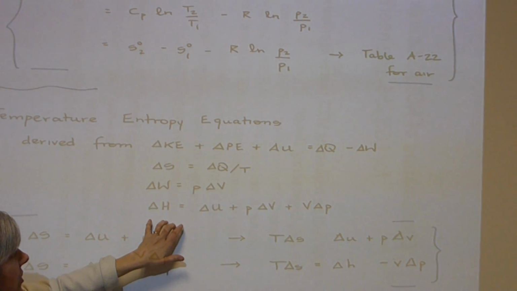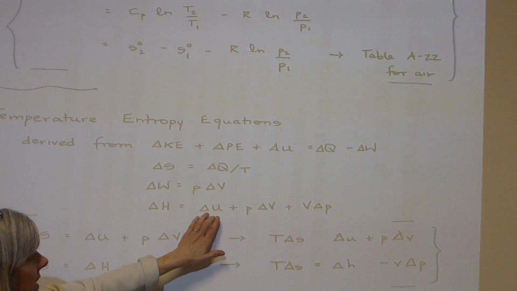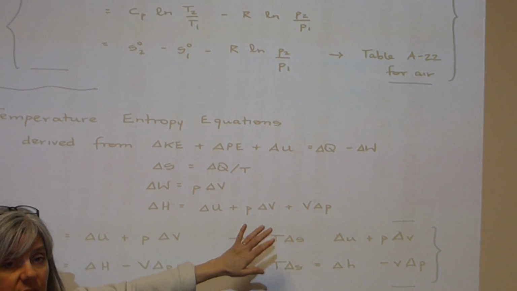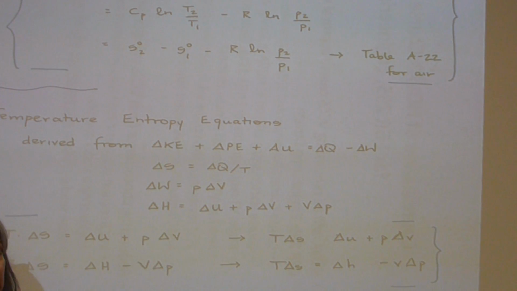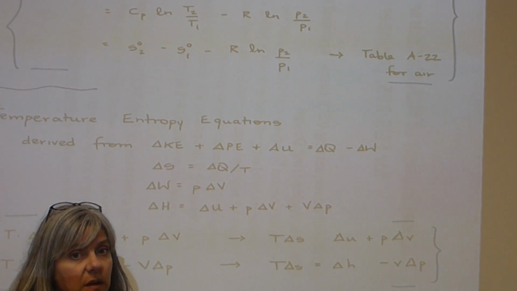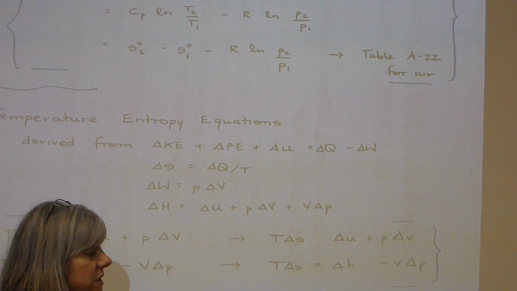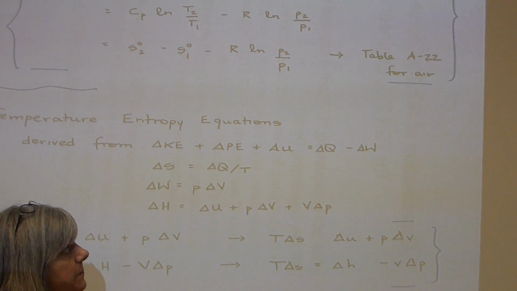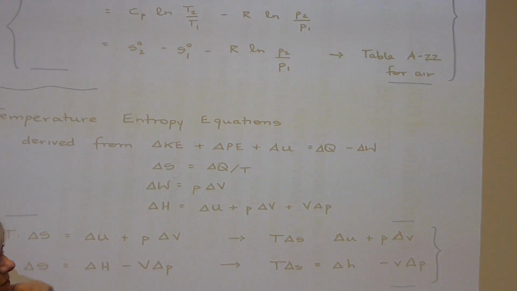And we use our definition of enthalpy, which is related to internal energy plus P times V, the integral of P times V. So here we have one equation based on internal energy and expansive work, and here's another based on enthalpy and another variation of that. We can also write it in terms of specific energy, specific internal energy, specific enthalpy, and specific entropy. So this is just another set of equations that we can use.